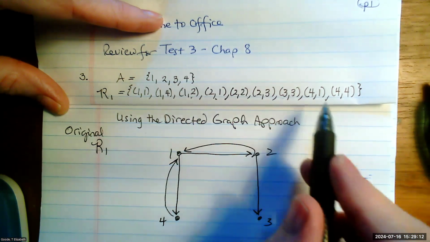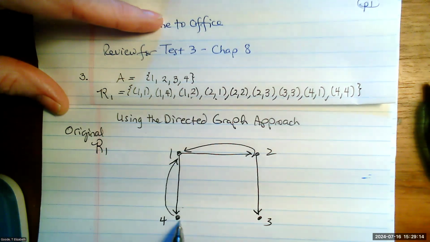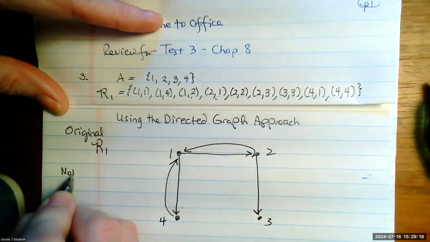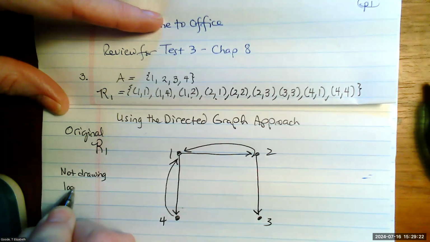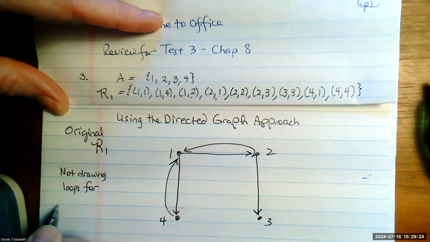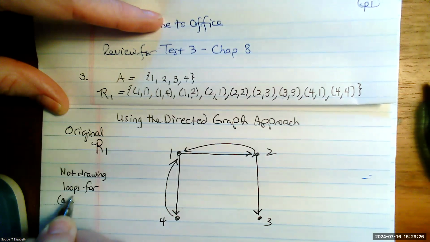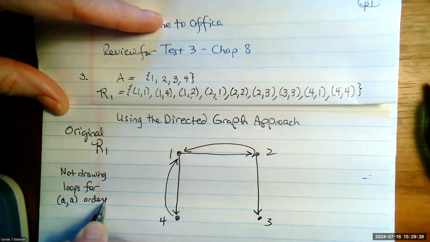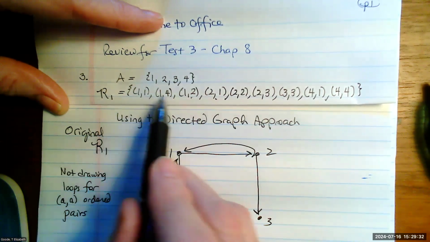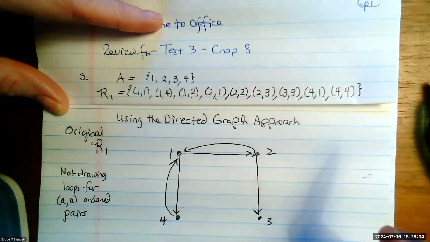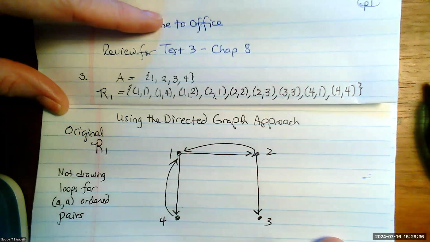And we have the edge from 4 to 1, and then the loop 4 to 4, I'm not going to draw here. So not drawing the loops for the little a, comma, little a ordered pairs, because it's just not helpful here. We will, of course, include those ordered pairs in the final answer because they're part of the original relation.